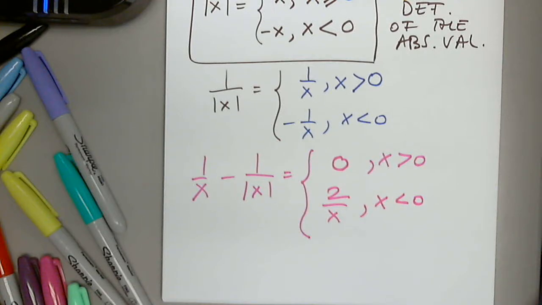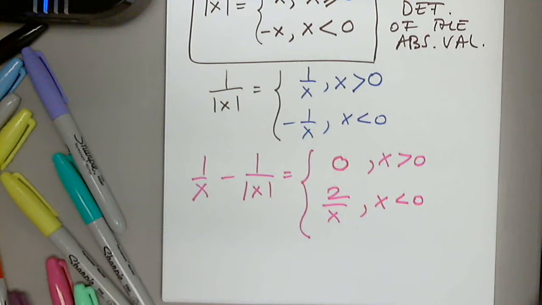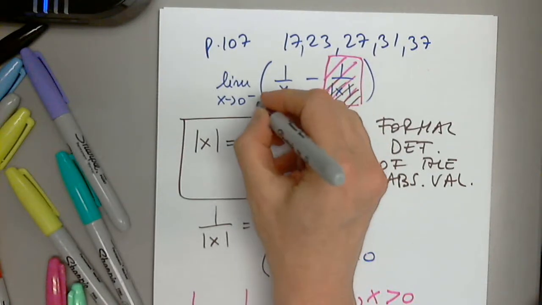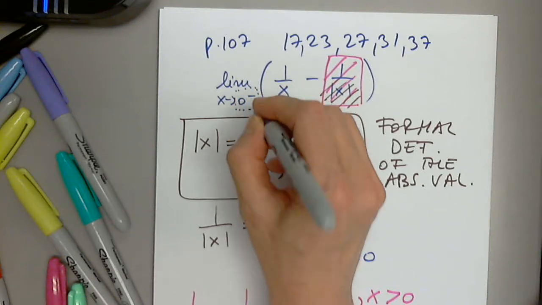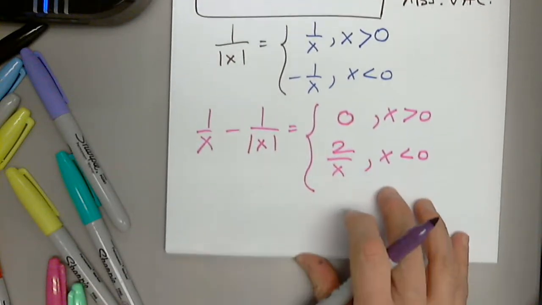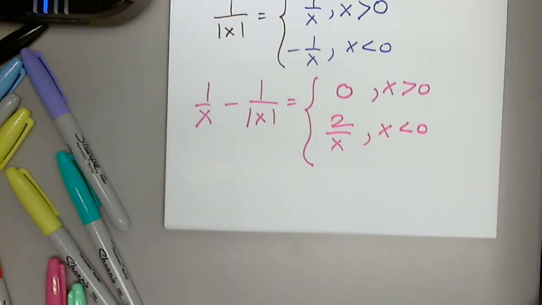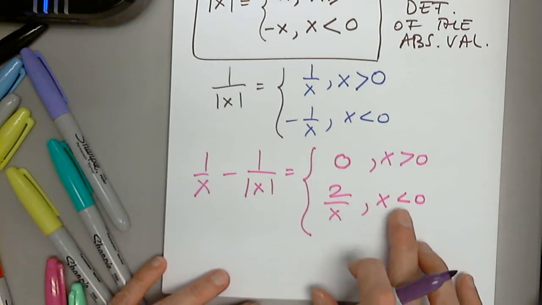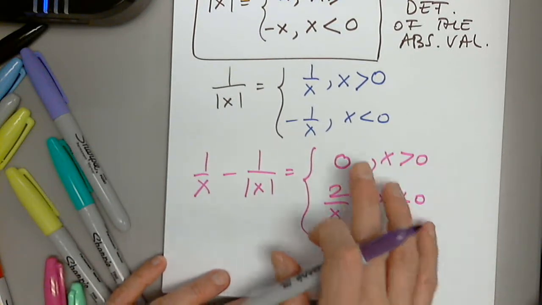Only now I'm ready to determine the limit. I look here and I identify which side. 0 from the left. Which one is 0 from the left, top or bottom? Very good. Bottom, 0 from the left. This is 0 from the right, this is 0 from the left.